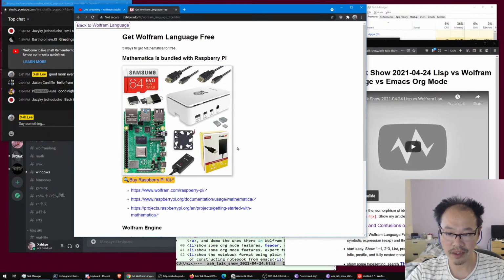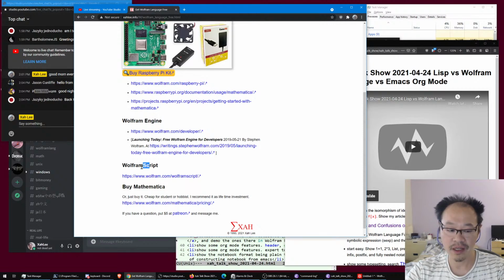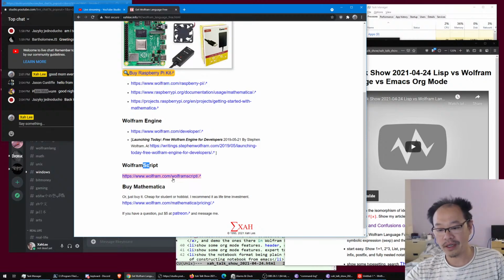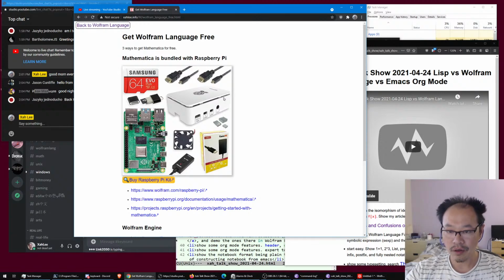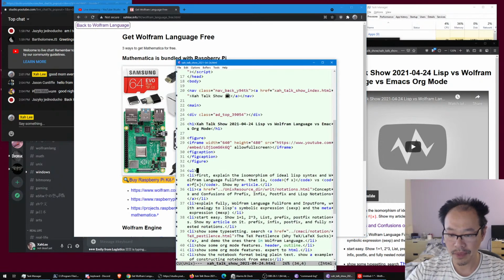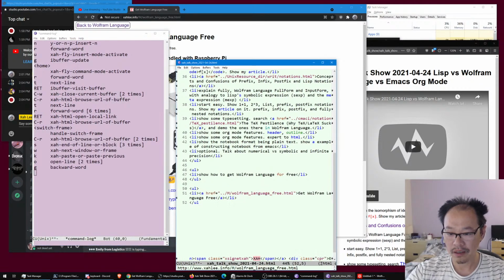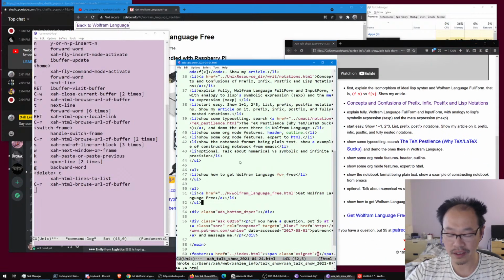If you are a programmer and you just want to try it out, there are several ways, and they are officially free. Wolfram Engine is free, Wolfram Script is free. They are essentially the entire Wolfram Language, so you can play and try it. You can also try it online. Okay, let's go back to Emacs and start to do what we are going to do today.